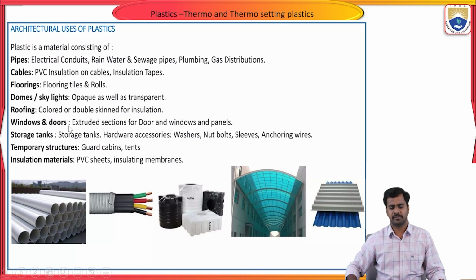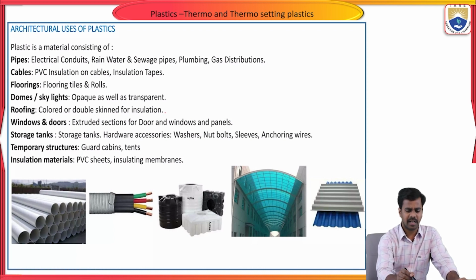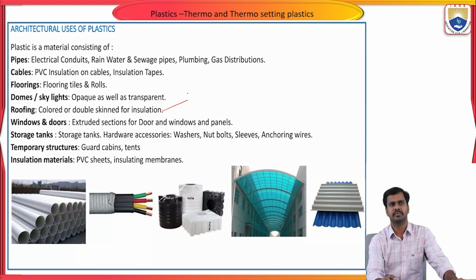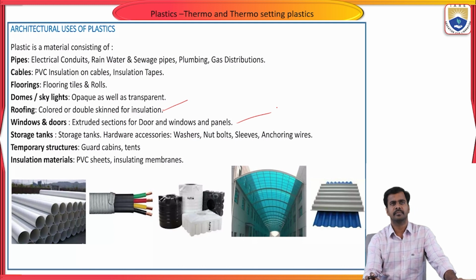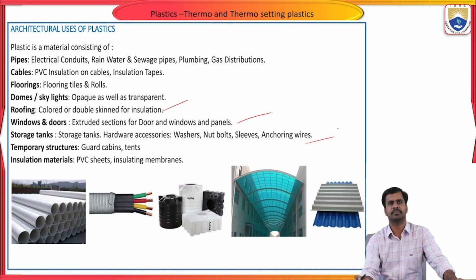Next, roofing, curled and double skin for insulation. Windows and doors, extruded sections for doors and windows and panels. And the next one is tanks.